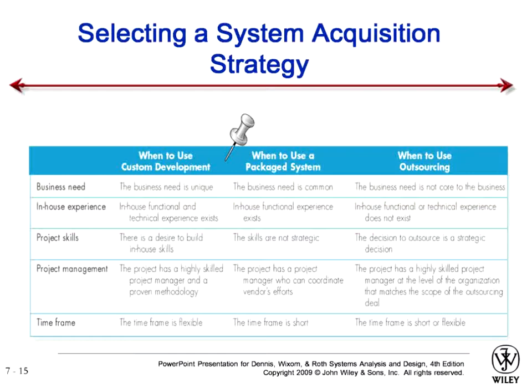Then for system acquisition strategy, now if you see this table on the top, you can see when to use custom development, when to use packaged systems, and when to use outsourcing. So you have three options, and for each of these options, you can see on the row side: business need, in-house experience, project skills, project management, and time frame.